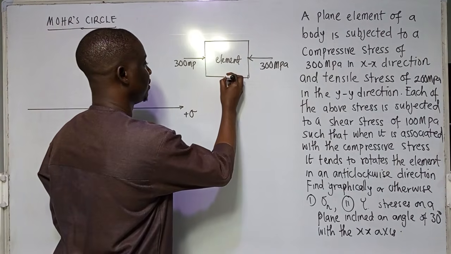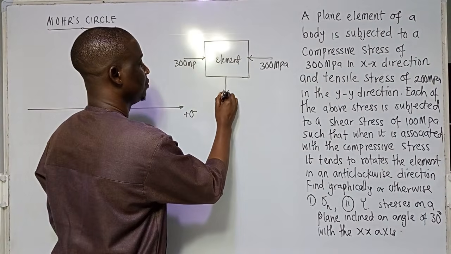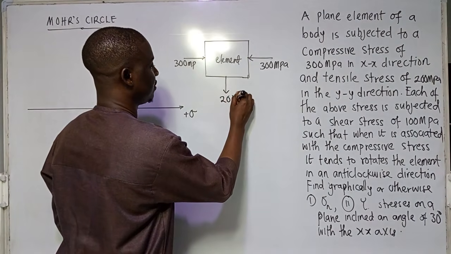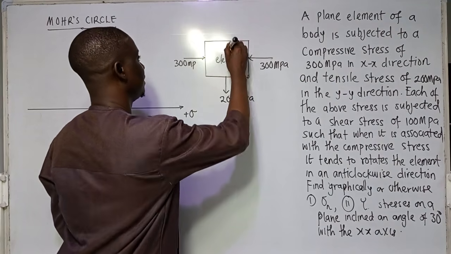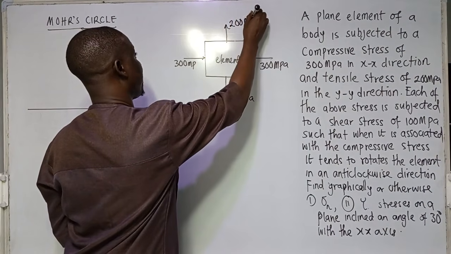So that means this should be down 200 megapascal, then up 200 megapascal.